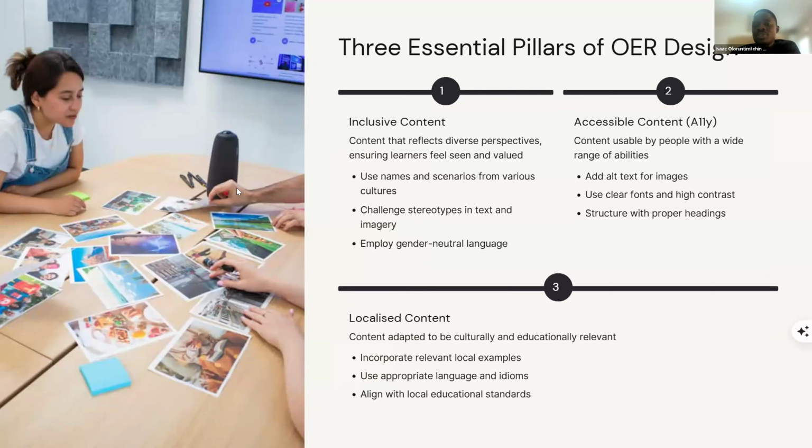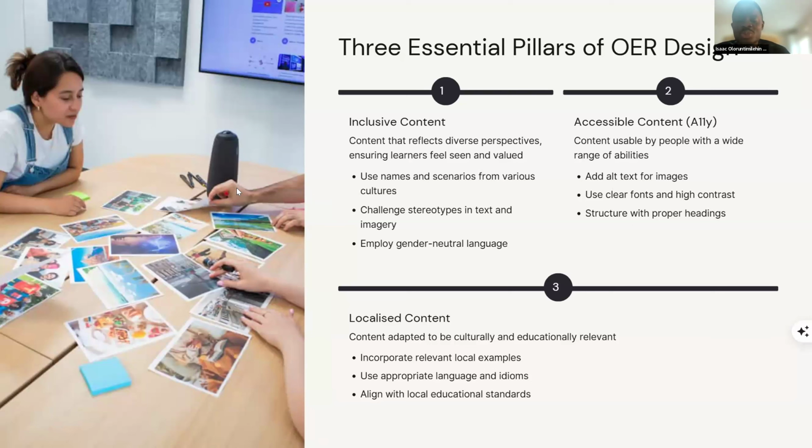So basically, this is content that reflects diverse perspectives by ensuring that learners feel seen and valued. So this could mean that instead of just using a location or a region or a tribe or an ethnic group in your entire open educational resources, especially one that is not specific to that group, you should always ensure that you factor in diverse situations, diverse conditions.